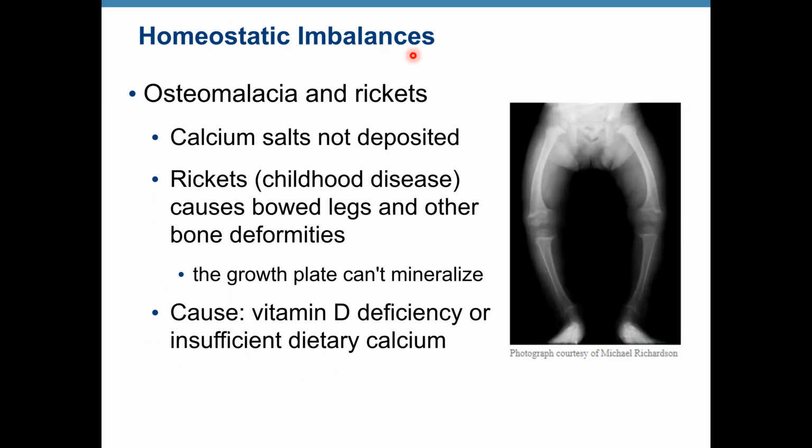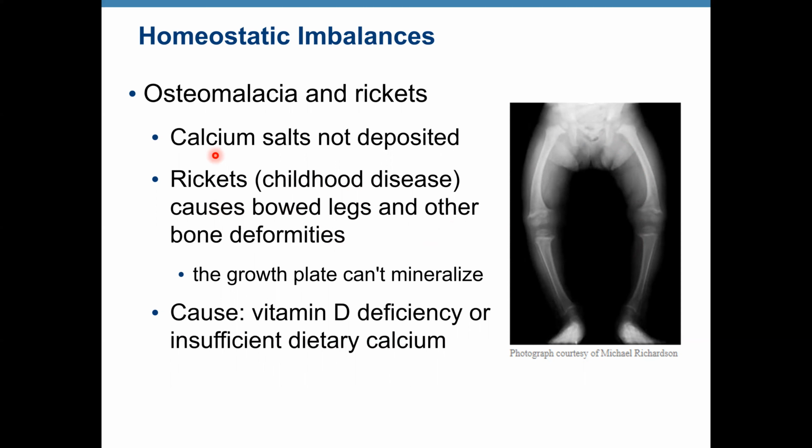So homeostatic imbalances, osteomalacia and rickets. Osteomalacia and rickets are both diseases that result from deficiency of calcium salts depositing in the bone matrix. Rickets is a childhood disease, and it causes bowed legs and other bone deformities.